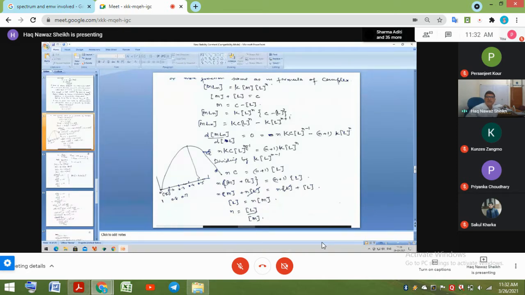L raised to power n minus 1 is common, so you strike out n minus 1 from here. Here will be left n, L, 1 L will be left here, because n minus 1 is 1 less than n. So 1 L is left here.